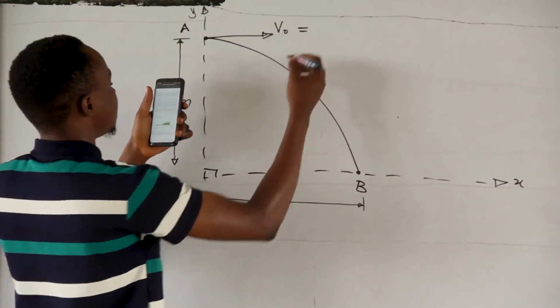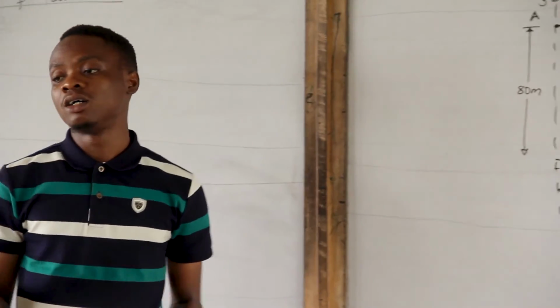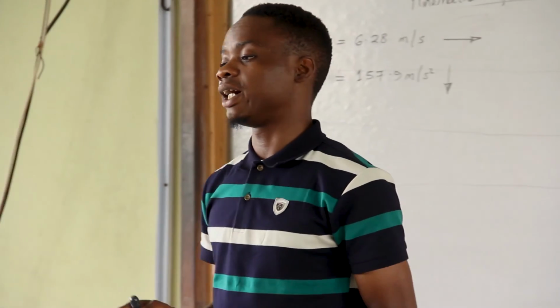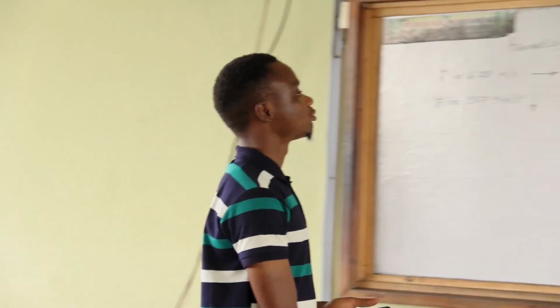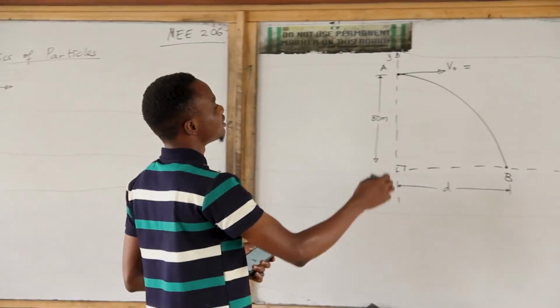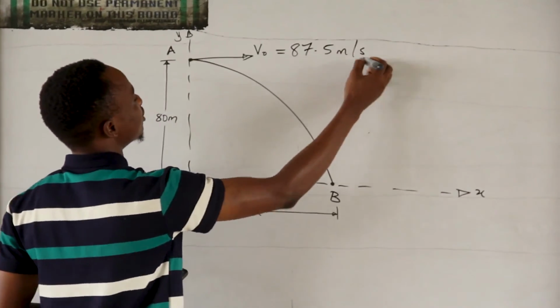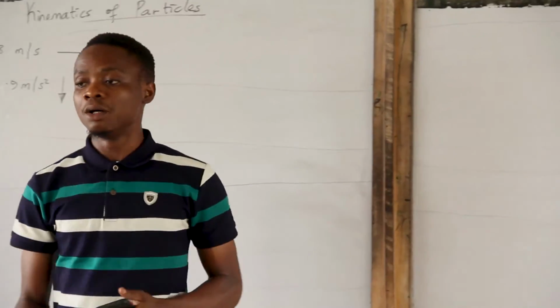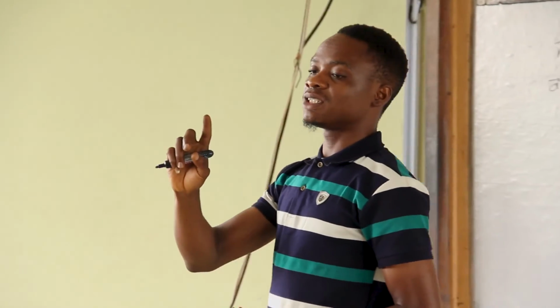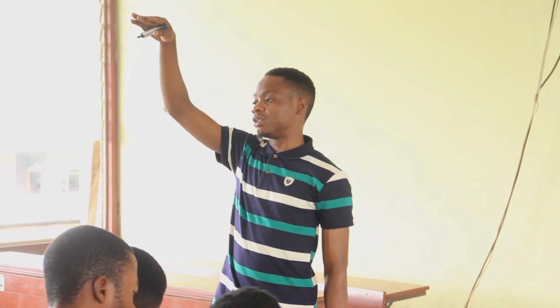They said that velocity is 315 kilometers per hour. Convert to meters per second: divide by 3.6. What does 315 divided by 3.6 give you? 87.5 meters per second, in the horizontal direction. Please pay attention. When the water is released, the initial vertical component of velocity is 0.